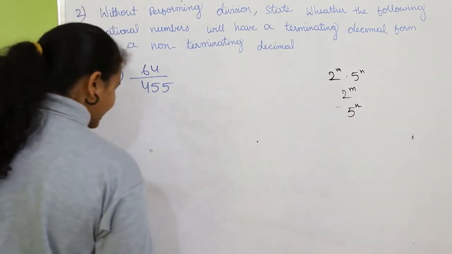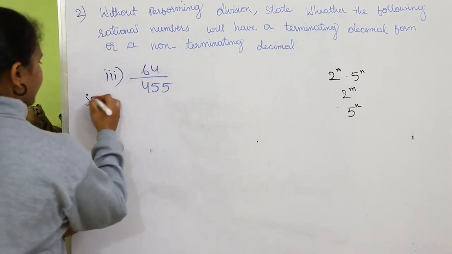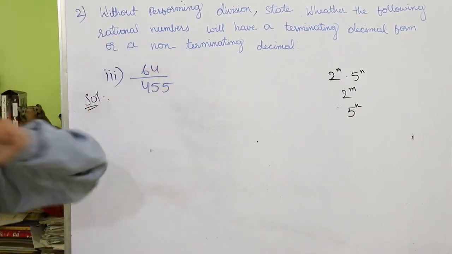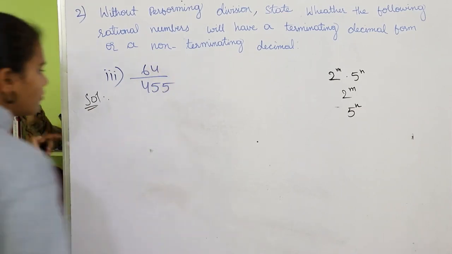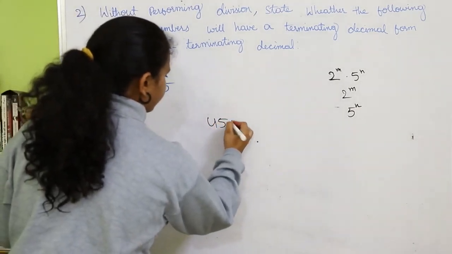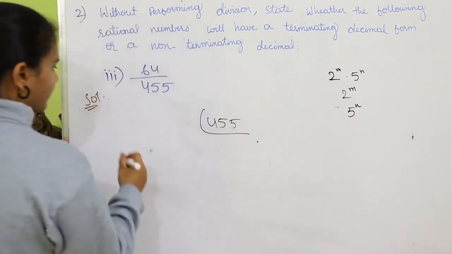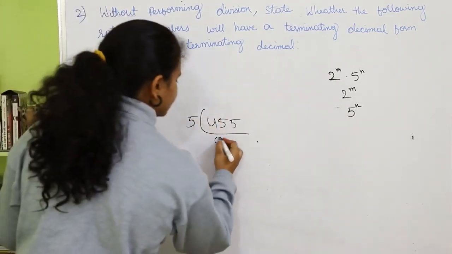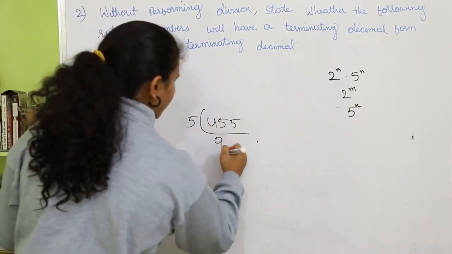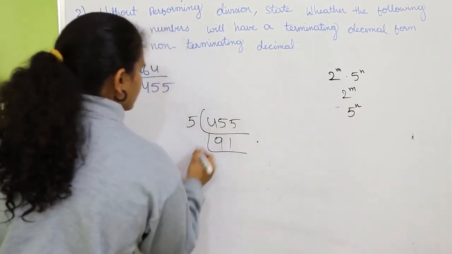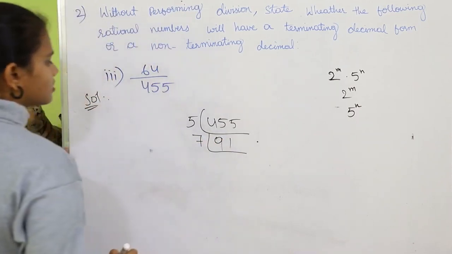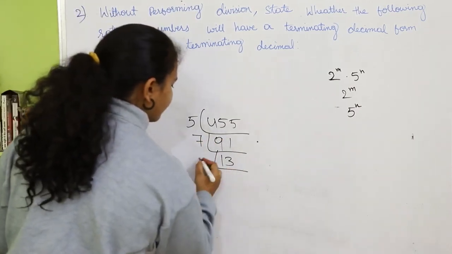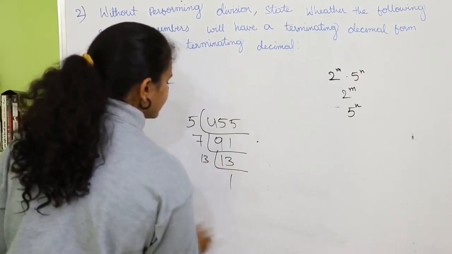Now let's go for the LCM for this process again. LCM for 455, because 455 is in the denominator place. Let's go for 5 table. 5 nines are 45, 5 ones are 5. 7 table, 7 ones are 7, 7 threes are 21. 13 ones are 13.